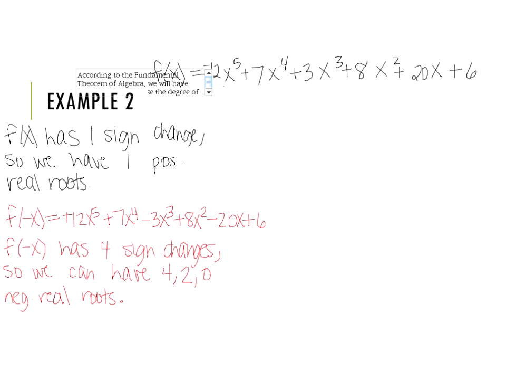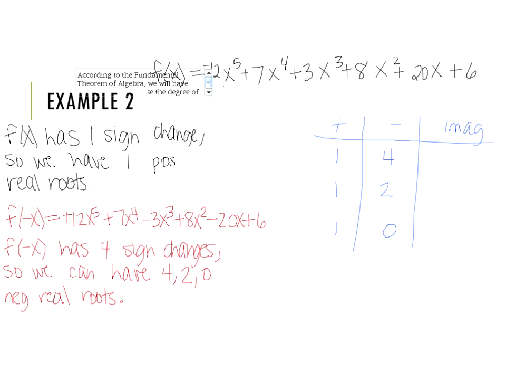So we can have 4, 2, or 0 negative real roots. All right, so let's see a chart of all of our possibilities. We know that no matter what, we have only one positive, but we could have 4 negative. We could have 1 positive and 2 negative, or 1 positive and 0 negative.